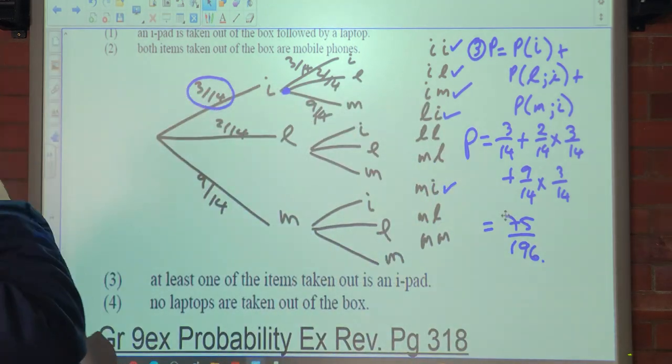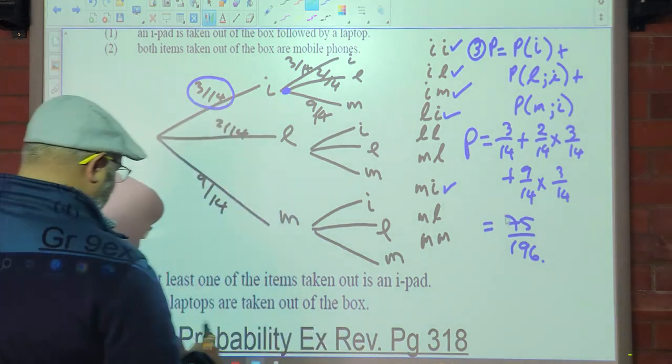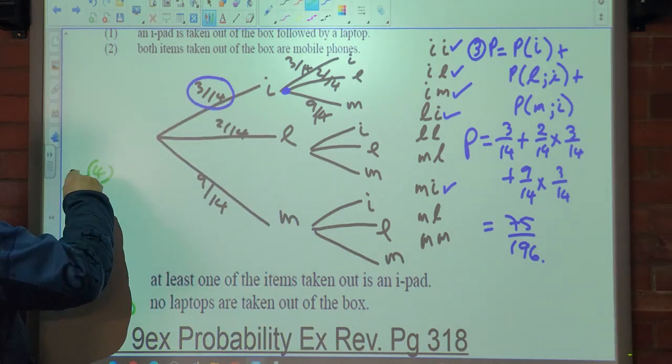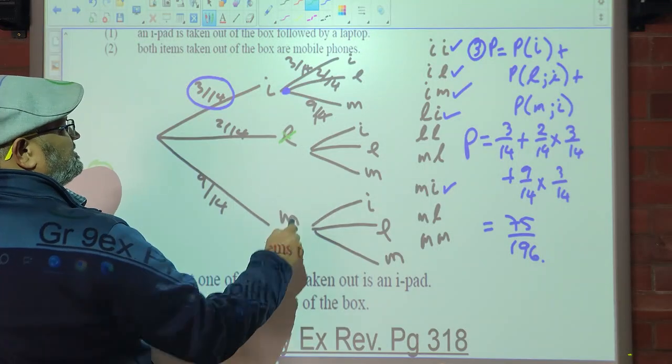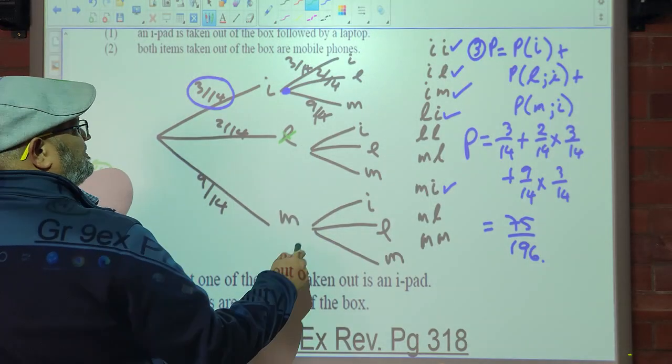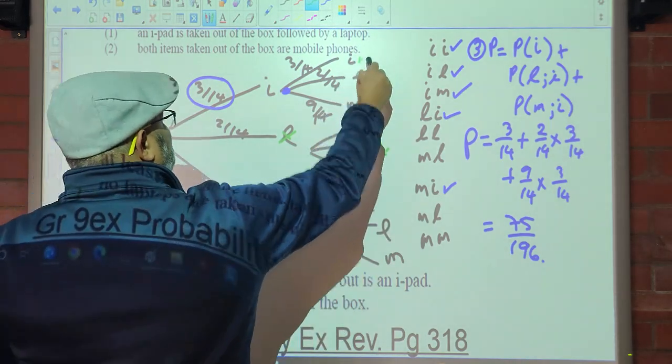Okay. No laptop is taken out of the box. No laptop is taken out. Okay. So that one is out. Correct? No laptop. That one is out, and that one's out. So it can be one of these four.